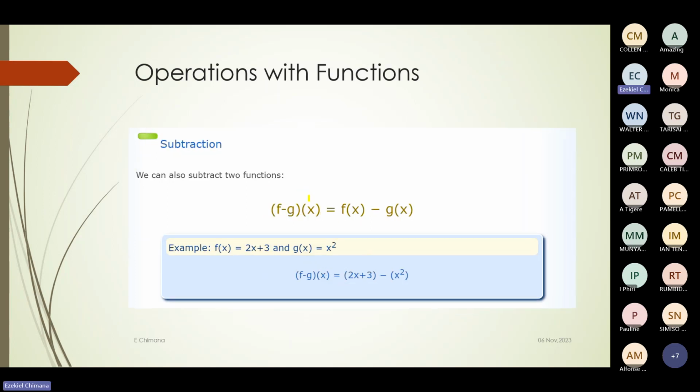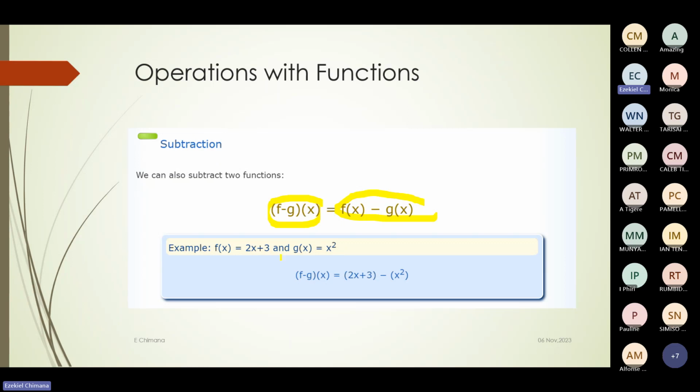Then on the subtraction, this is the notation. Normally you can be given it as f minus g of x, or just given f at x minus g at x. It's just the same. If you're asked to subtract g of x from f of x, here you are given 2x plus 3 and x squared.